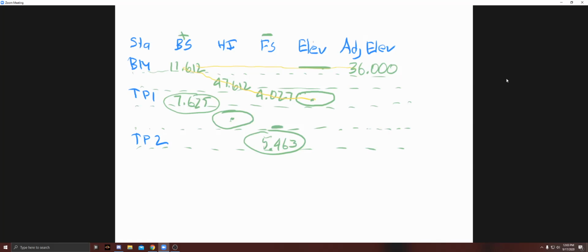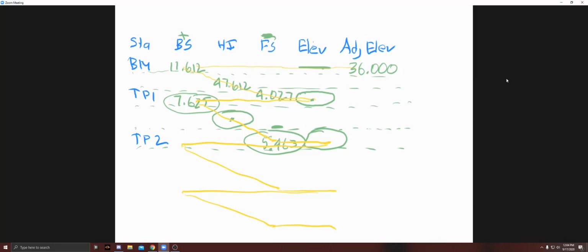Subtract 5.463 because it's a foresight, and that gives you now the elevation at turning point 2. Again, a little zigzag pattern. And you just continue that all the way down. Okay, that's how your assignment book is going to look when you add this extra row between each of the stations to put your height of instrument.